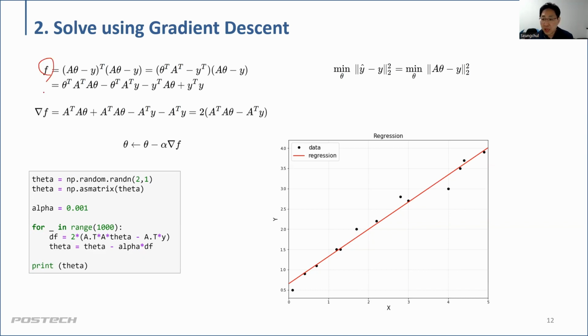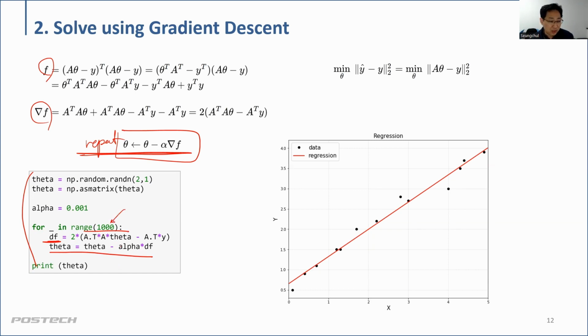This is an objective function, so we can compute the gradient and repeat. Remember that this is the formulation for gradient descent: compute the gradient, update theta, and do multiple iterations.